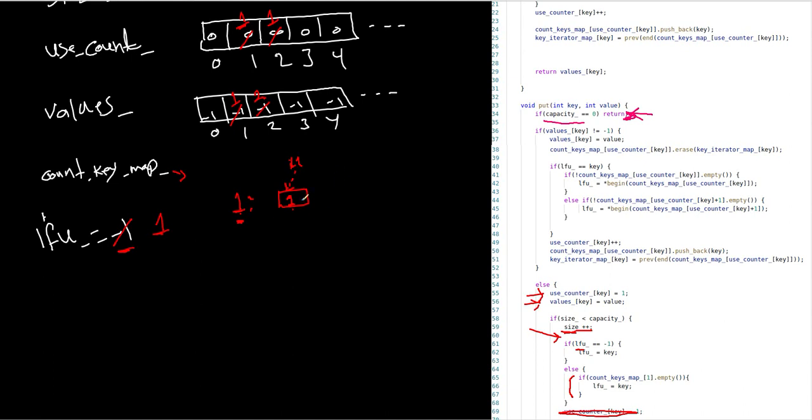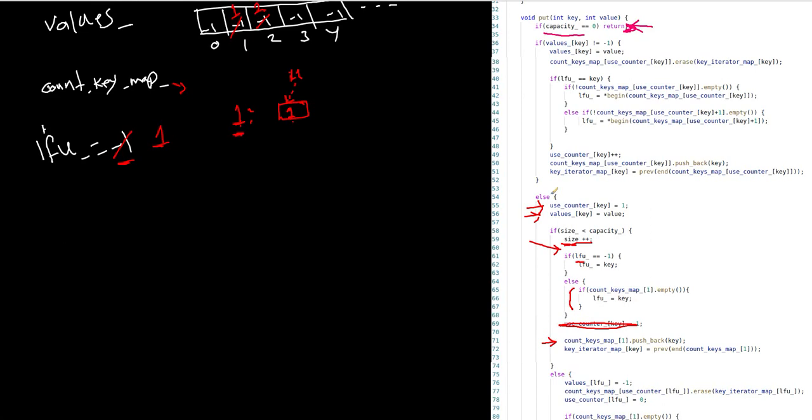And that means, because the new key 2 has the count 1 and this one has 1, this one will be invalidated. This one will be invalidated because it's least recently used. That's it for this call.